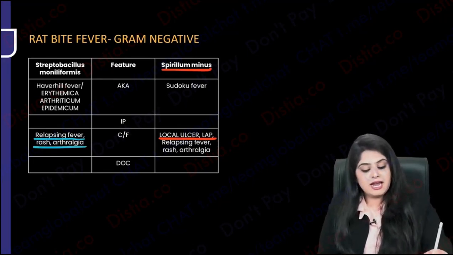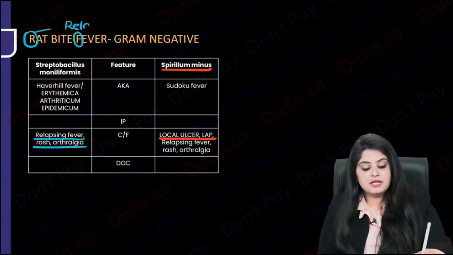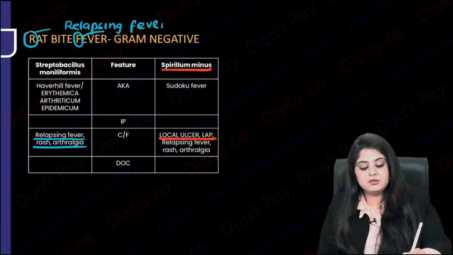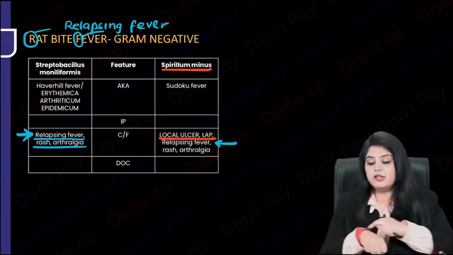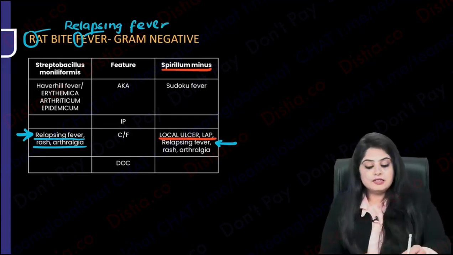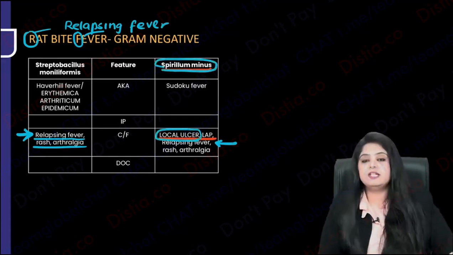So remember, rat bite fever is going to be the rat fever, that is relapsing fever. Relapsing fever is going to be seen in both. In both there is a rat bite and relapsing fever, but who has the local symptoms of an ulcer? Spirillum minus is going to have the local symptoms of an ulcer.